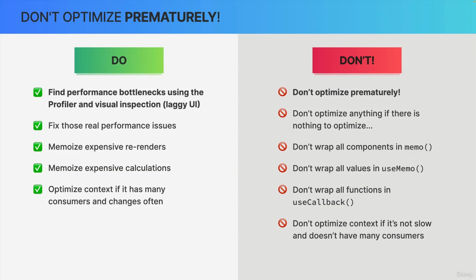So in that case, you can try to memoize the context value, memoize all the direct child components of the provider, or set up two separate contexts. So one for the actual state value and one for updating the state.